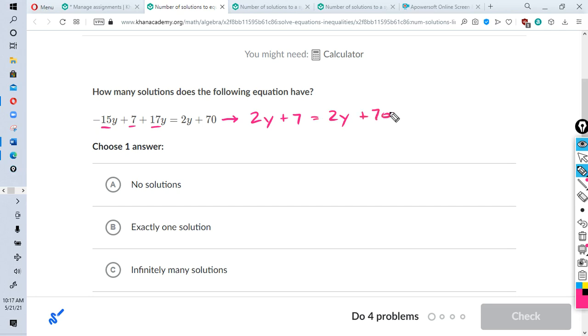Now, I can see right away we're not going to have a solution here, but just to prove it to you, if I do a -2y on both sides, the 2y's cancel. And you bring down the 7, bring down the equal sign, and bring down the 70. Can 7 ever equal 70? No. So there's no solution. You cannot solve for y. That is answer A.